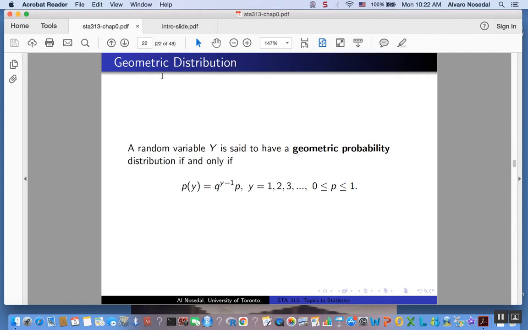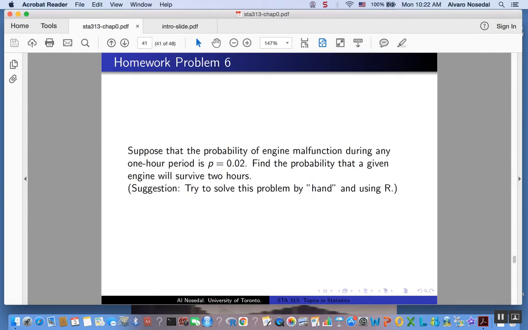What I claim is that we can use that geometric random variable to solve this problem, because we could think of each of these 1 hour periods as a trial. The probability of success represents the probability of an engine malfunction.